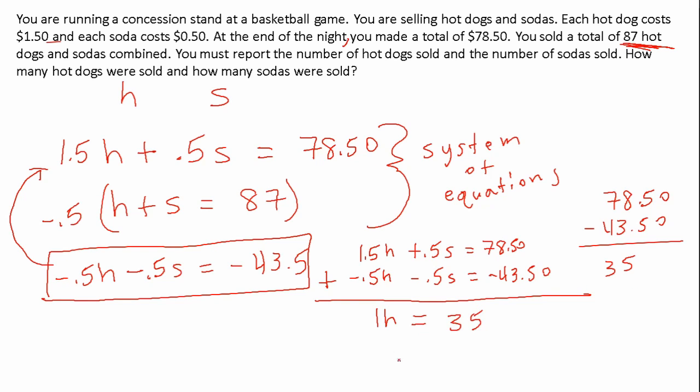Okay, so this is H equals 35. That means there were 35 hot dogs sold.